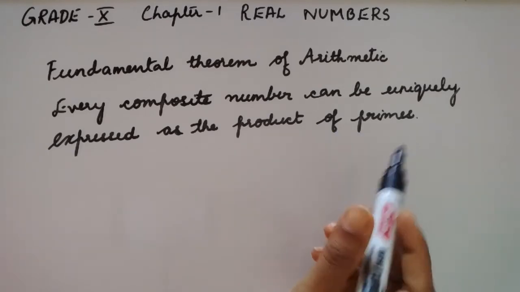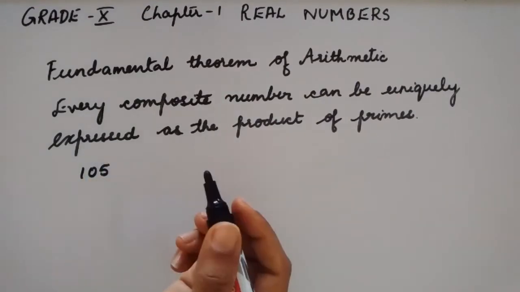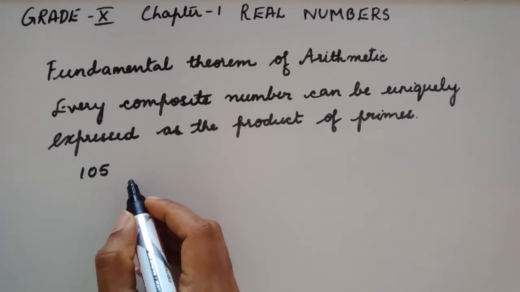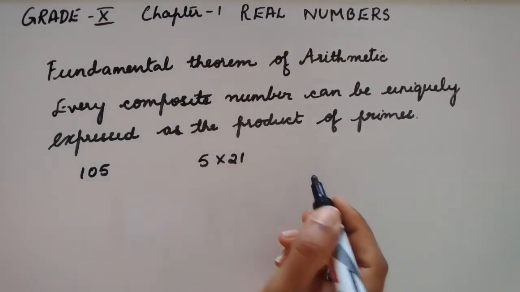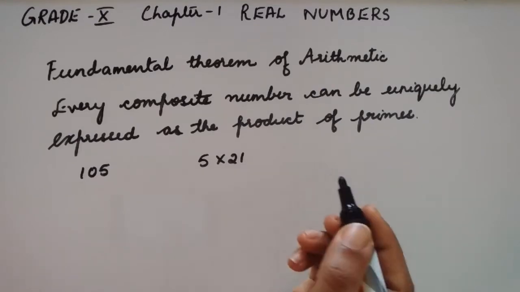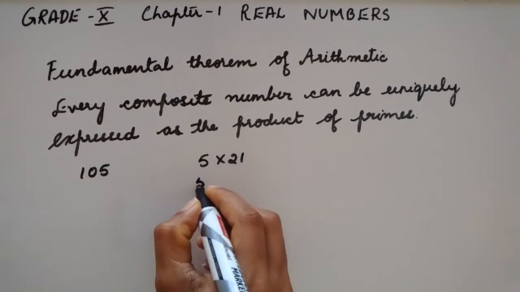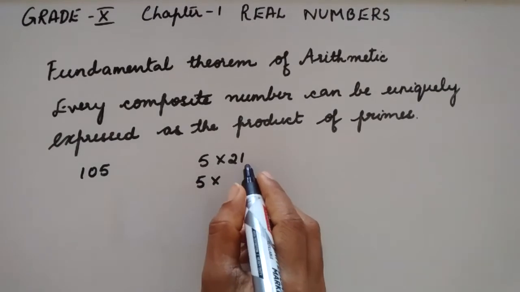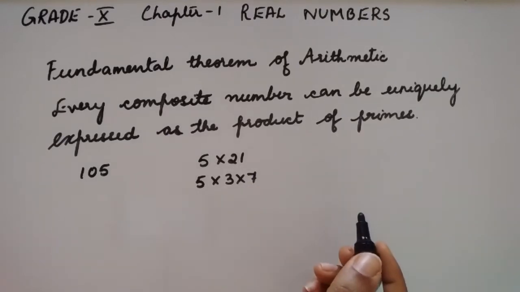Let us take a composite number 105. So 105 can be written as 5 into 21. In terms of prime factors, 5 into 21 can be written as 5 into 3 into 7.